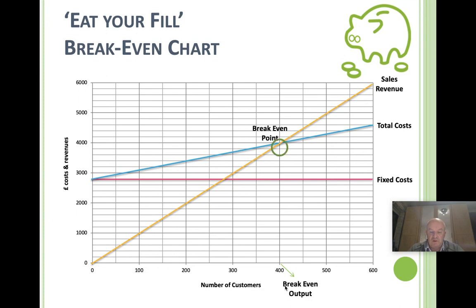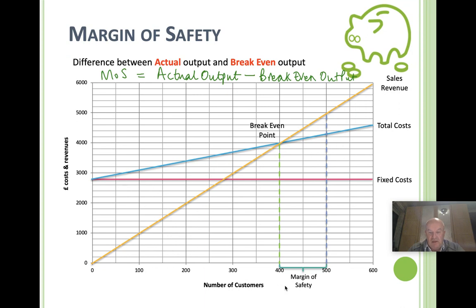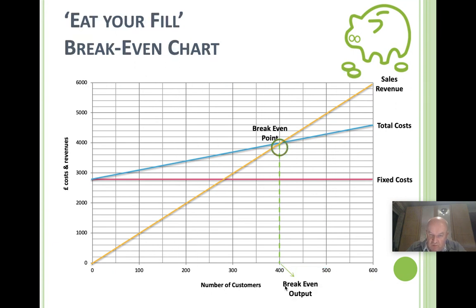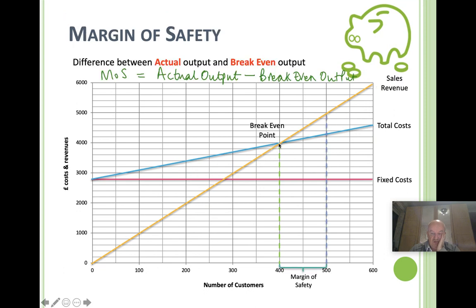Okay, let's go back one for a minute. So that's our break-even point. If we've achieved, in this case, 400 units of output, we have broken even. Let's assume though in the real world we've actually managed to do better than that. We've actually managed to get to 500 units.